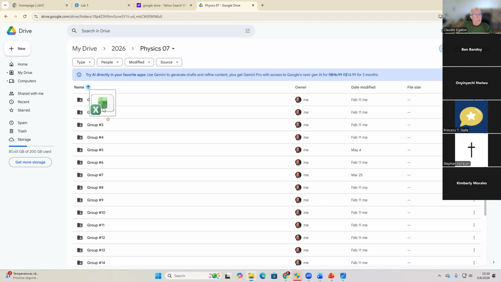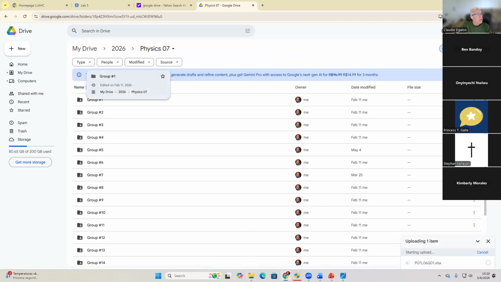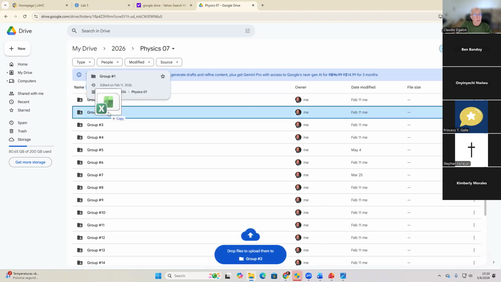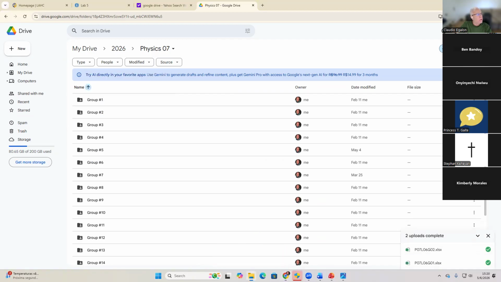Group 1, spreadsheet is there. Group 2, spreadsheet.